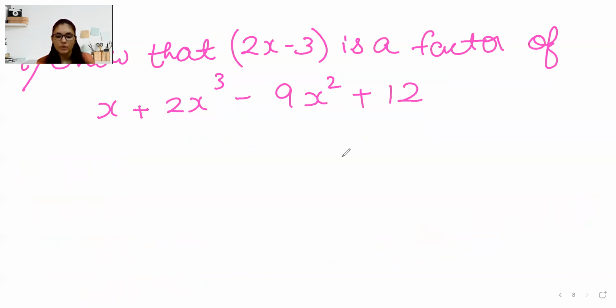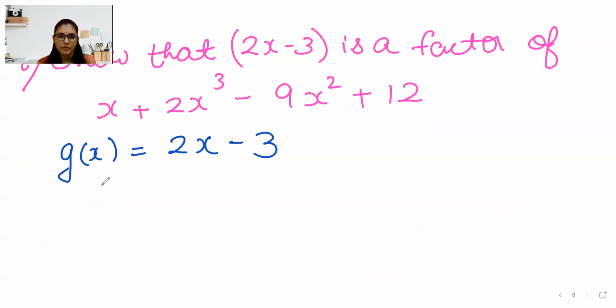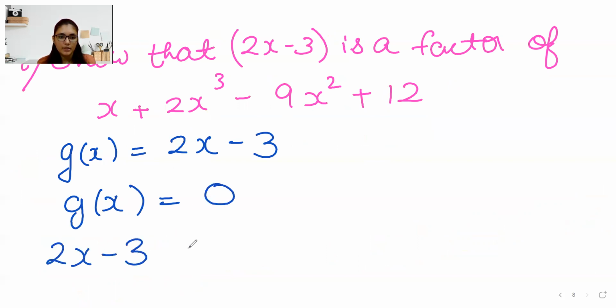Now let us suppose that g of x is 2x minus 3. If g of x is 0, then 2x minus 3 is 0, and from here we can calculate the value of x equals 3 by 2.